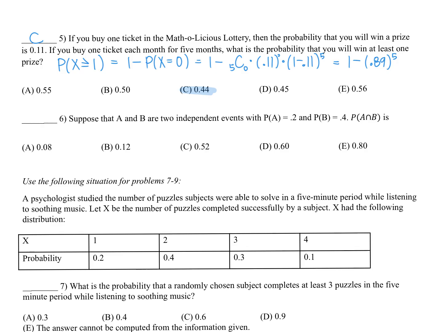The next problem says, suppose that A and B are two independent events with the probability of A equaling 0.2 and the probability of B equaling 0.4.